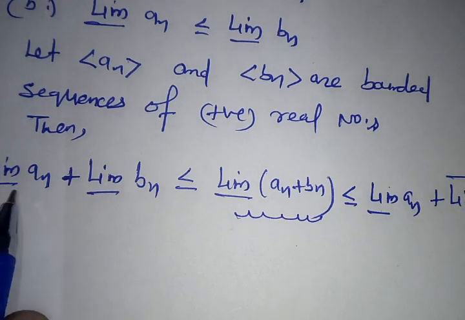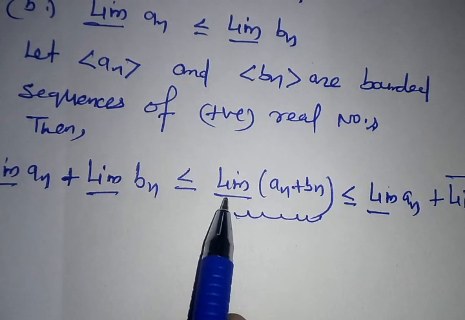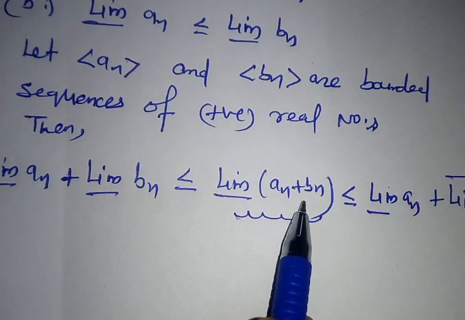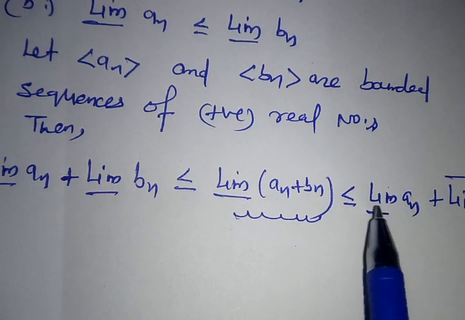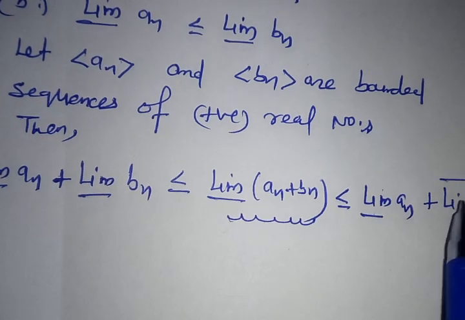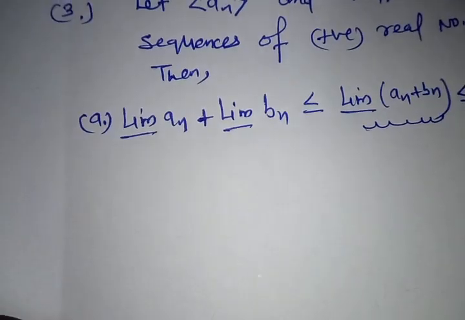Okay, so limit inferior of an plus limit inferior of bn is less than or equal to limit inferior of an plus bn, but it is less than or equal to limit inferior of an plus limit superior of bn.